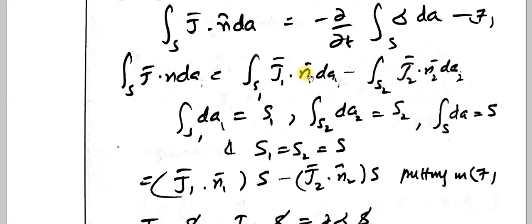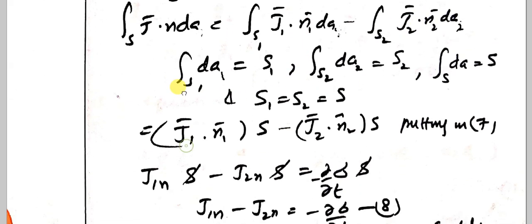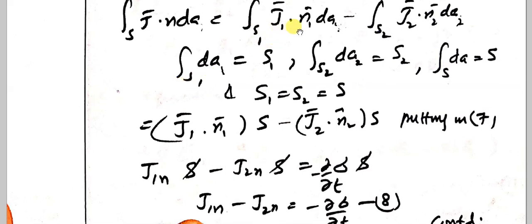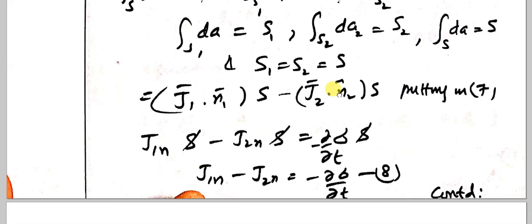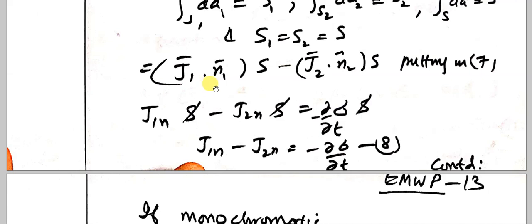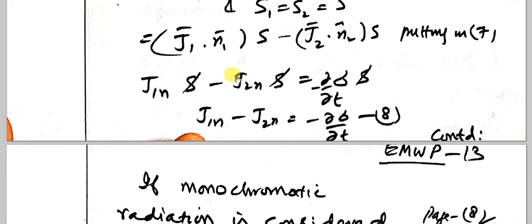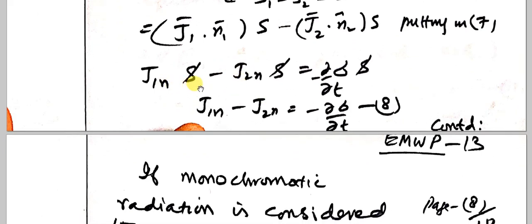Further, we take the integral inside, so that dA1 and dA2 equal the respective surface areas S1 and S2, and the total surface area on both sides is equal to S. So J1 dot n1 S minus J2 dot n2 S is equal to negative delta sigma by delta t into S. S cancels out, and we are left with J1n minus J2n is equal to negative rate of change of the surface charge density.